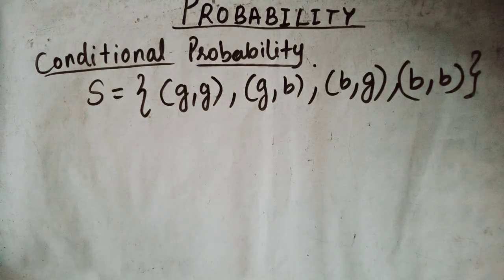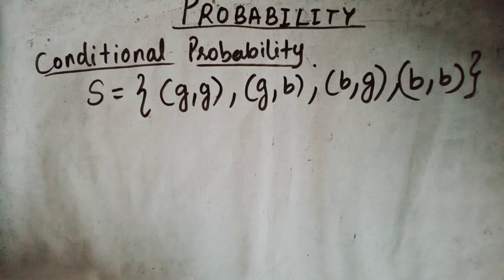Now you have to write what is event E and what is event F. How do we know that this is an example of conditional probability? See the question: what is the probability that both the children are boys, given that at least one of them is a boy.